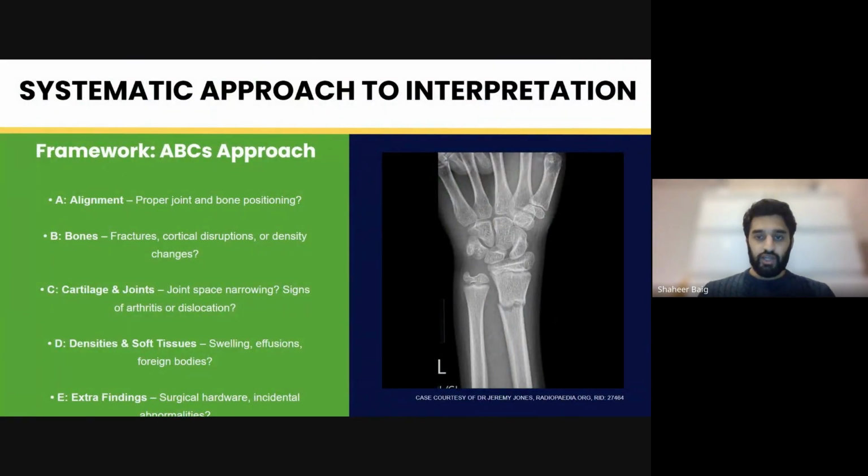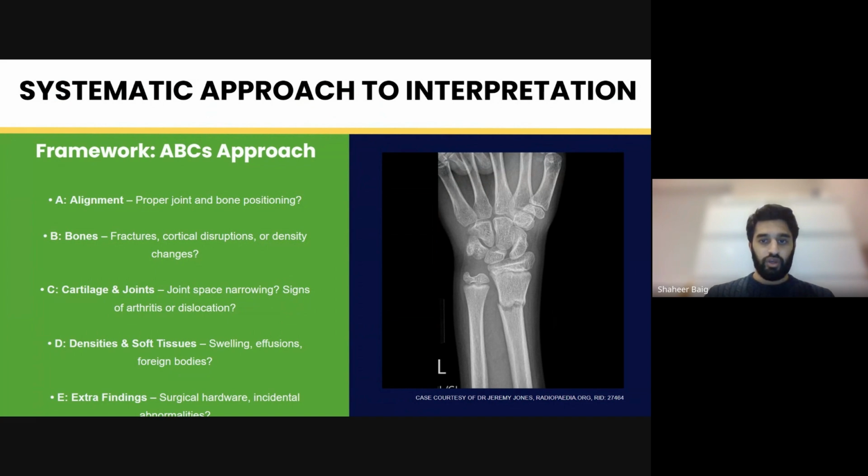As with any body system interpretation, a systematic approach is good to have so that we don't miss anything, and we have an approach which can be easily translated to other areas.